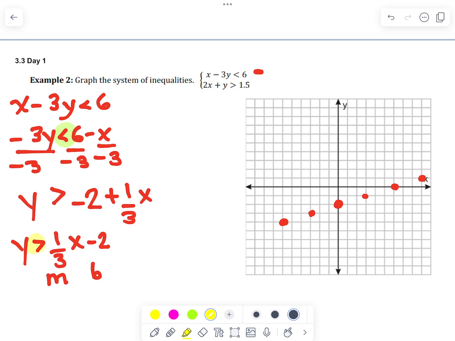Now this inequality is not equal to, so we have to do a dashed line. Now we need to figure out where to shade. This inequality is saying y is greater than, so we are going to shade all the ordered pairs above that are greater than that red line.